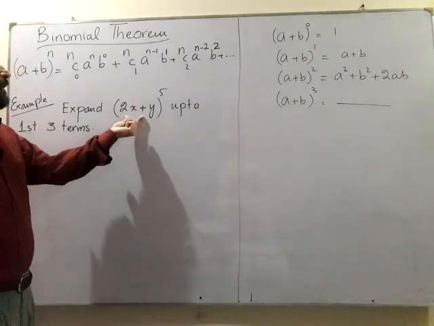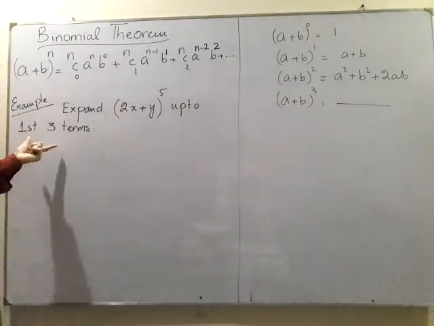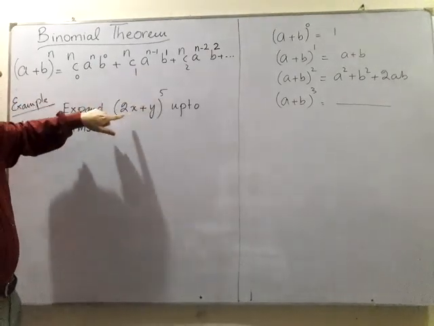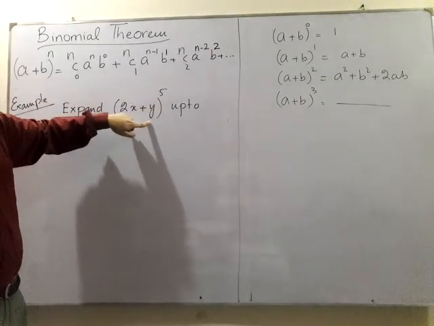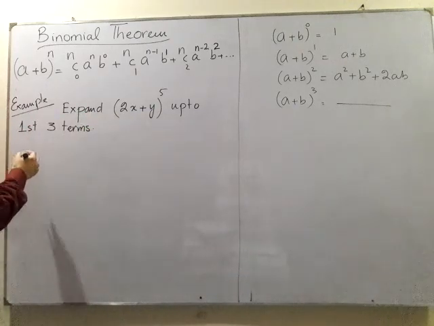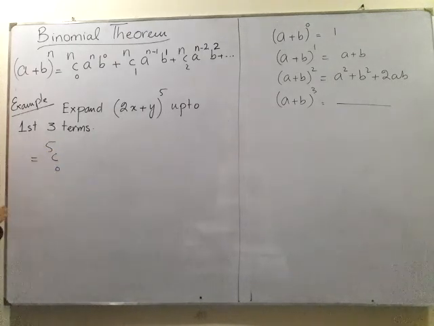For example, (2x + y)^5, and we are asked to expand up to the first three terms. Here our n is 5, our a is 2x and our b is y. Let us use the theorem, which equals 5C0.